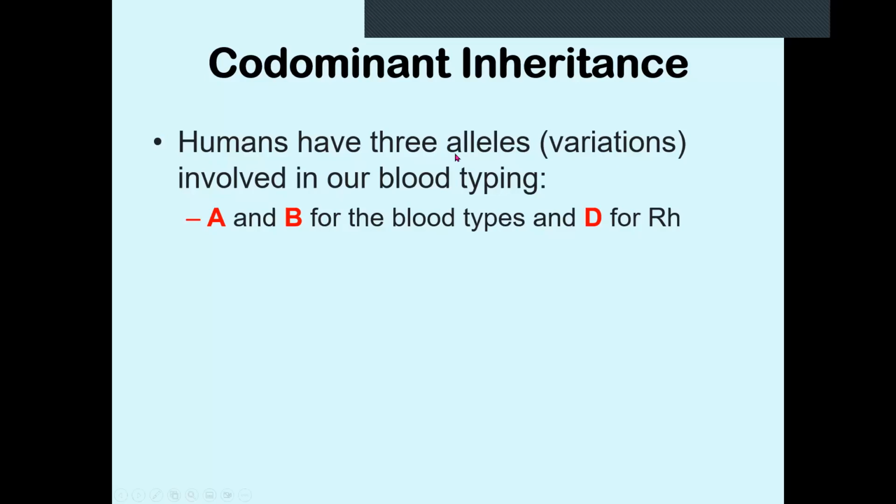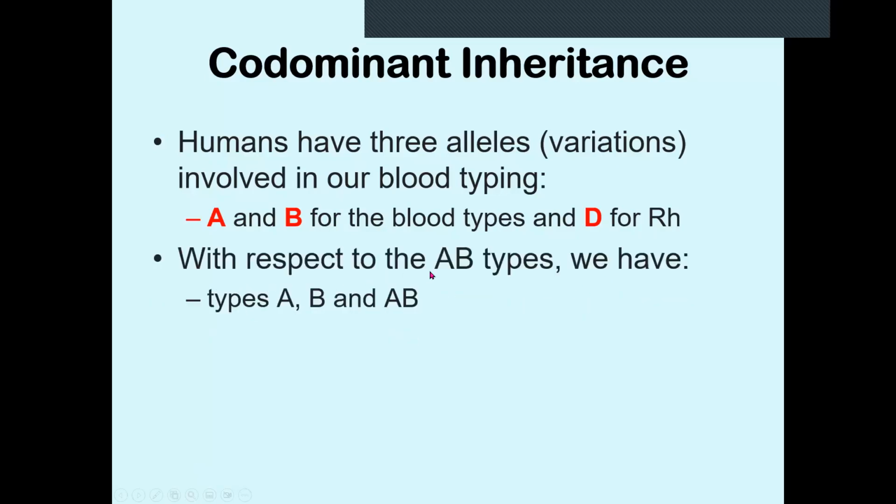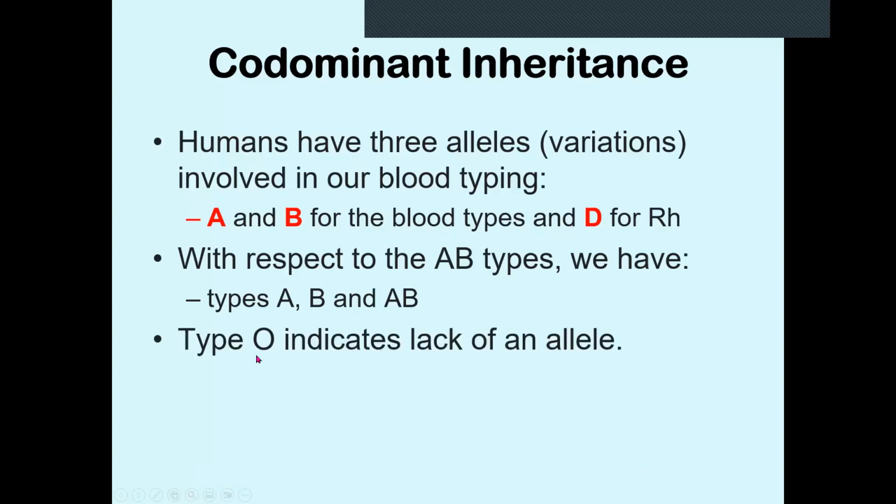Alleles are versions of the gene. We have type A and B for the blood types, and the D is for the rhesus factor. Type O indicates a lack of an allele, no A and no B.